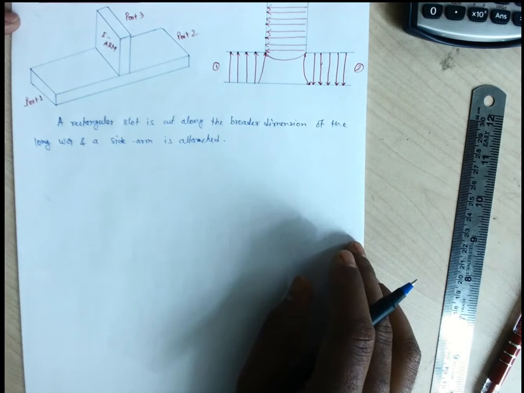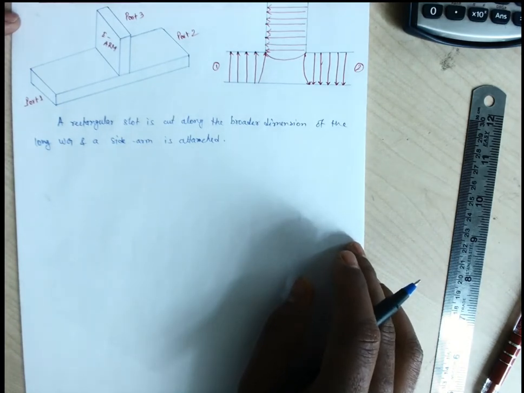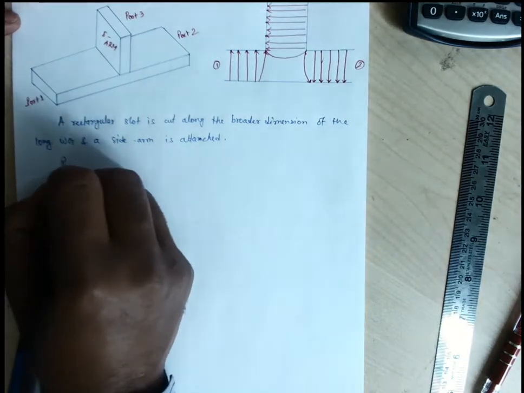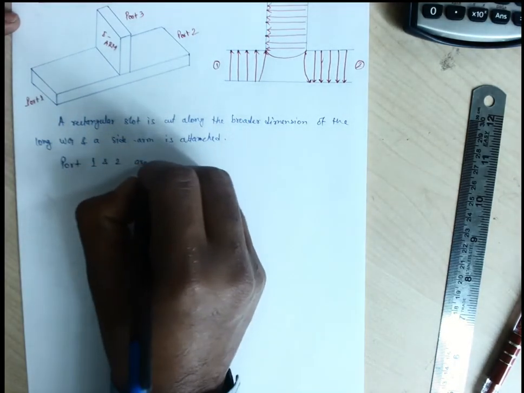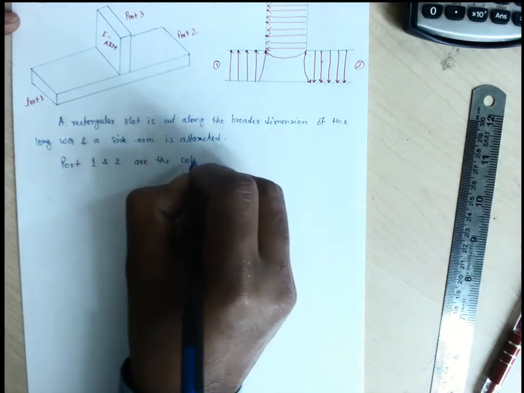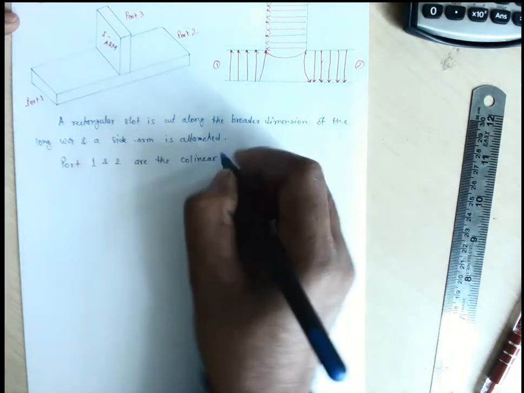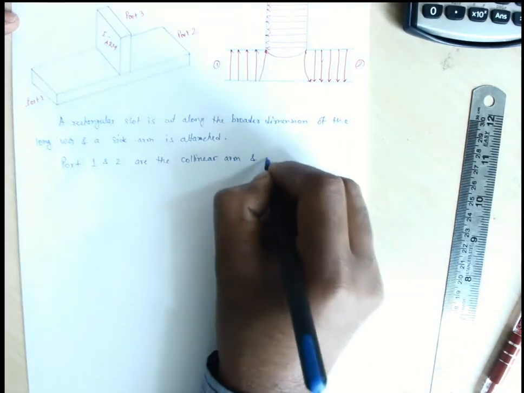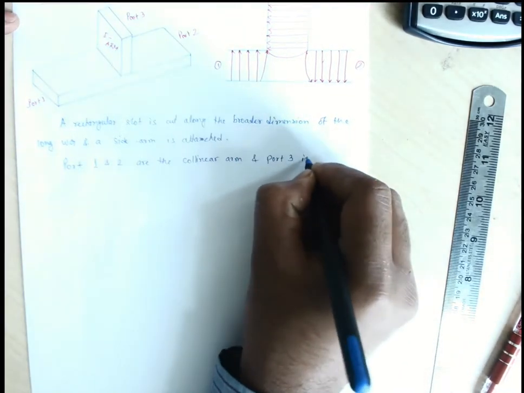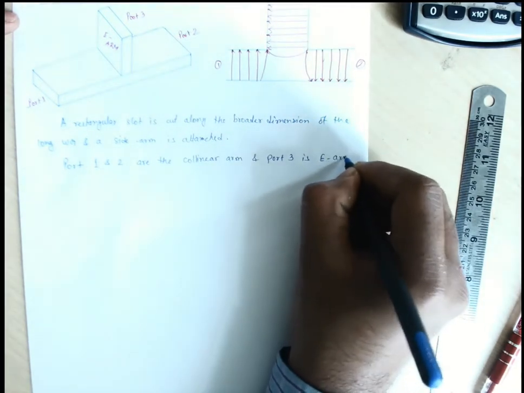So port 1 and 2 are the collinear arms, and port 3 is the E arm.